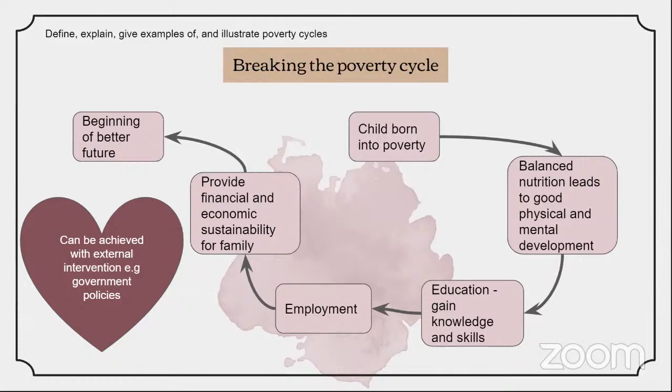So how can certain families escape the poverty trap? This can be achieved with external intervention.